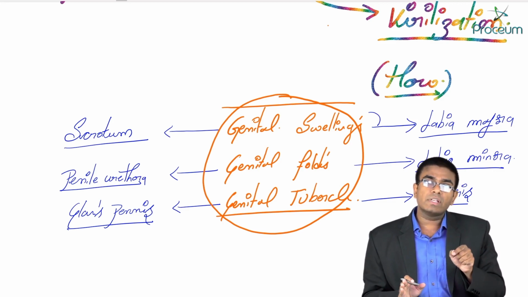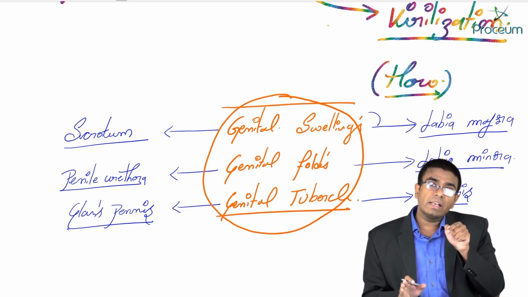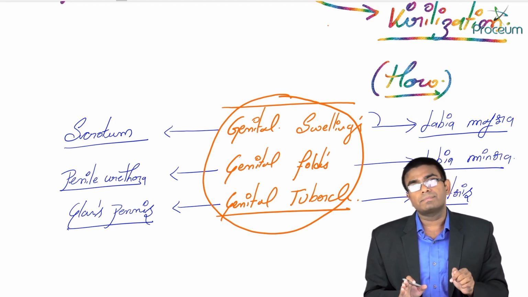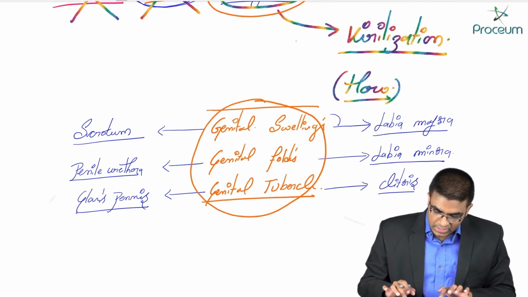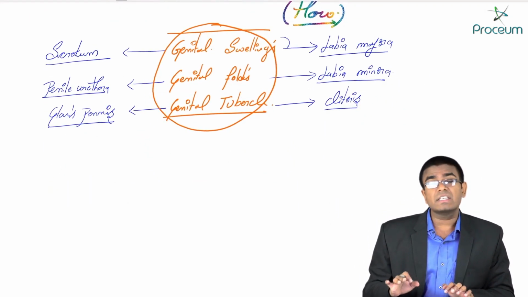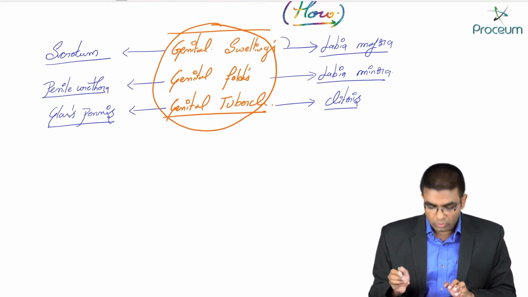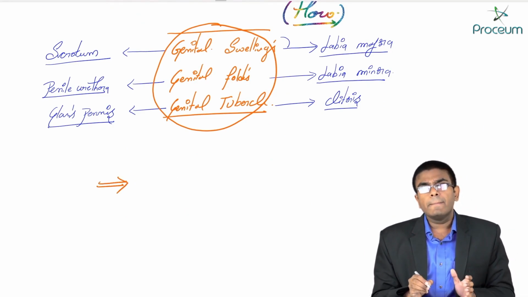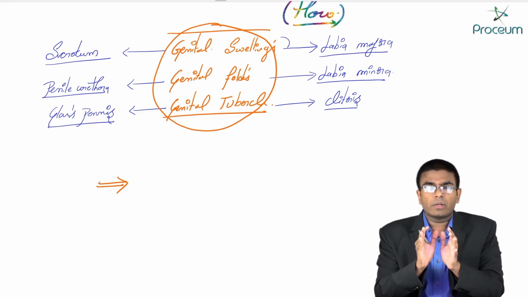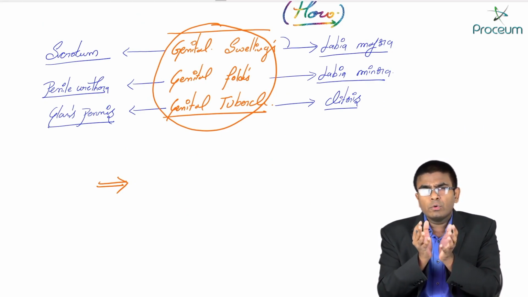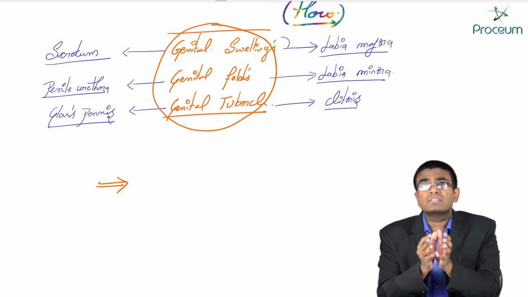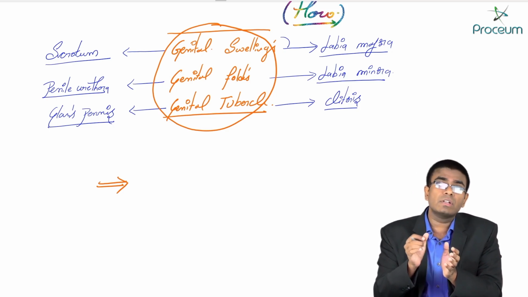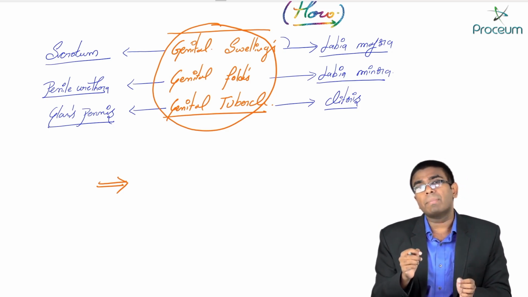Okay, so the clitoris, what happens? That clitoris will enlarge and look like a penis. So that's the exact problem in congenital adrenal hyperplasia. The two labia minora will fuse and look something like a scrotum. The clitoris will enlarge and look like a penis.